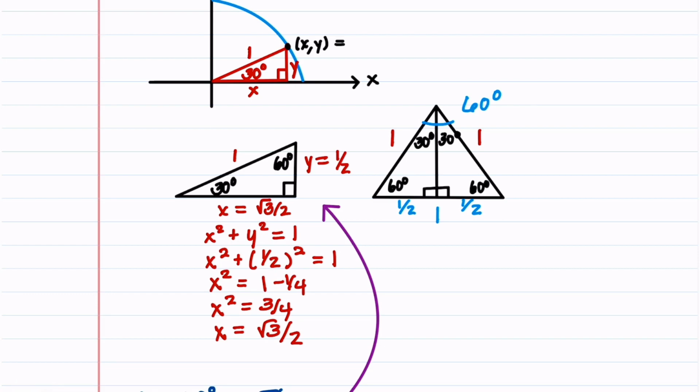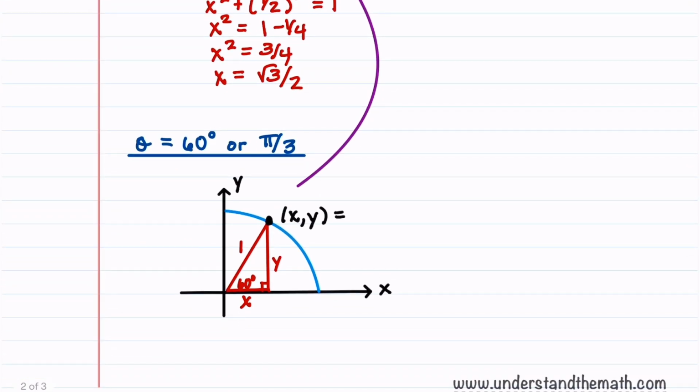We can now write the value for our coordinate point when theta is equal to 30 degrees. So up in our top picture, we have xy is equal to root 3 over 2, comma 1/2. I know a lot of students will just memorize that, but don't really understand where it comes from.